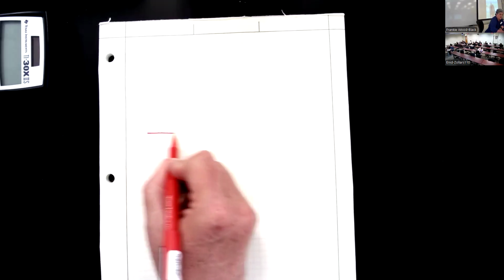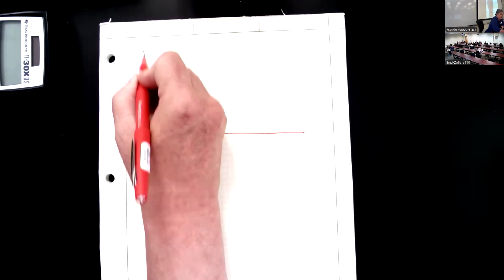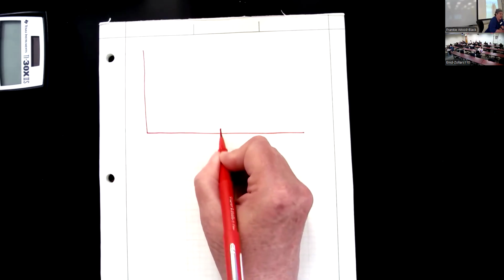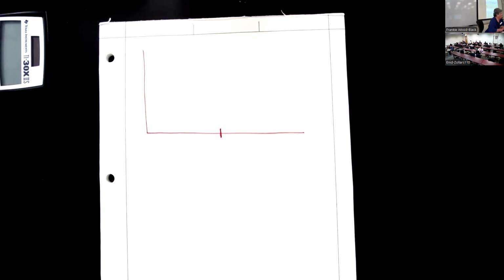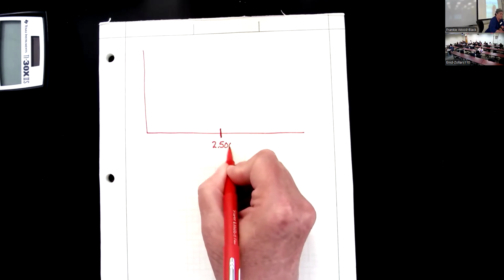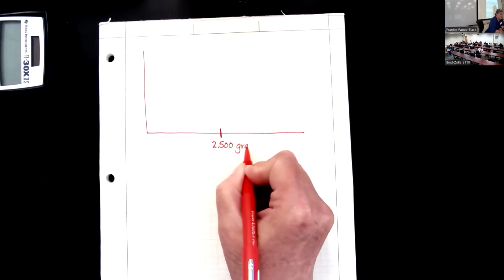I'm going to go out and I'm going to take the mass of a whole bunch of pennies. And let's say the known value of my pennies, as it comes from the US Mint, is 2.500 grams.